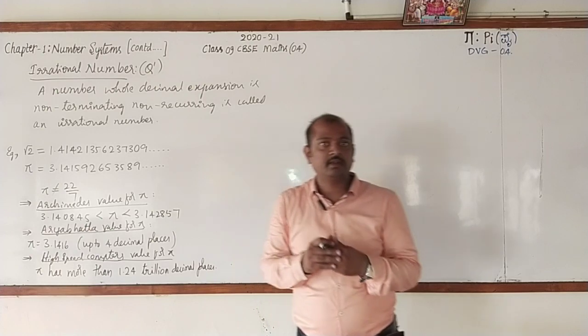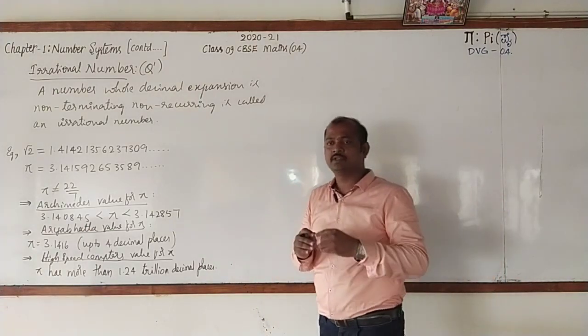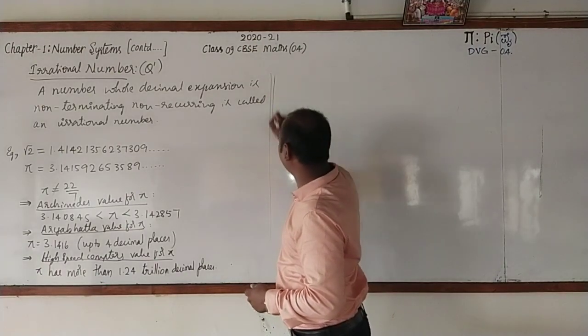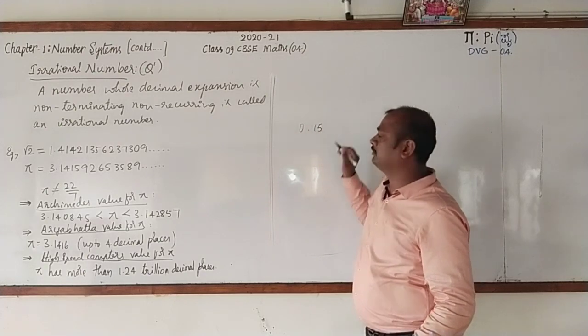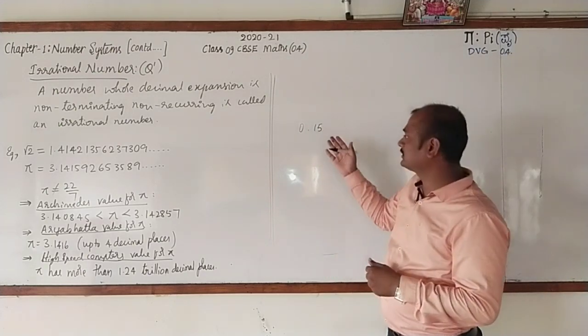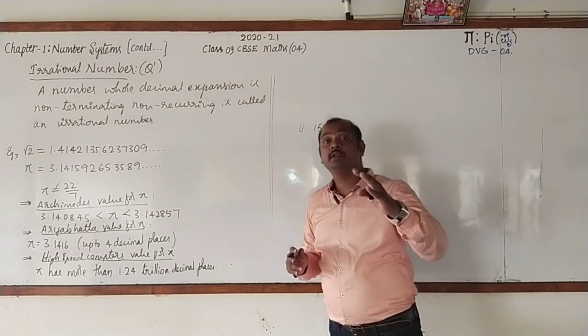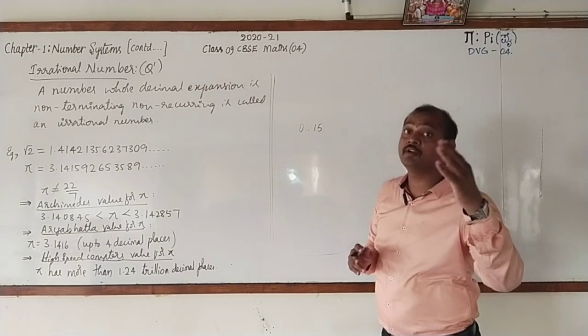But to write the irrational number, we have to follow one particular pattern. It will be easier to write. Now I am going to teach you that. Just keep observing. Suppose 0.15 is there. It is terminating. But we want non-terminating, non-recurring.